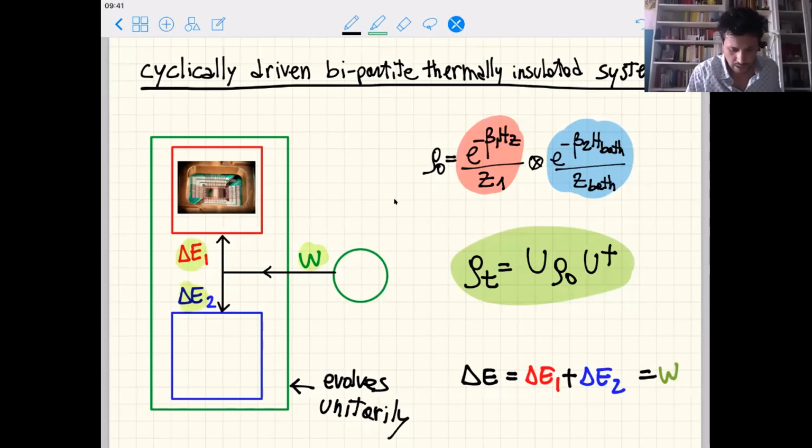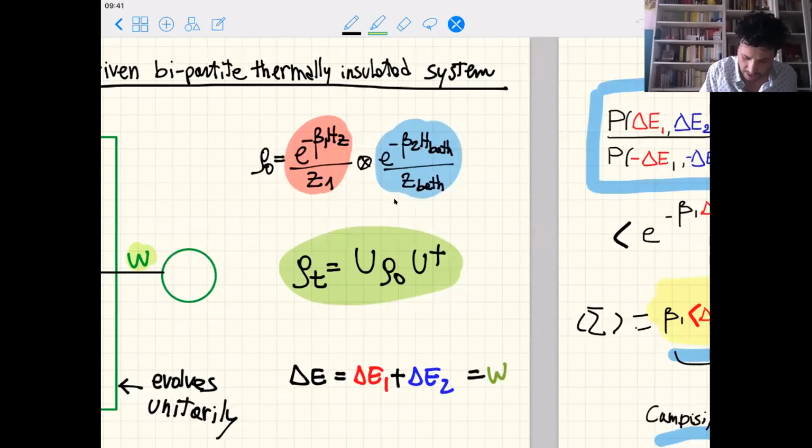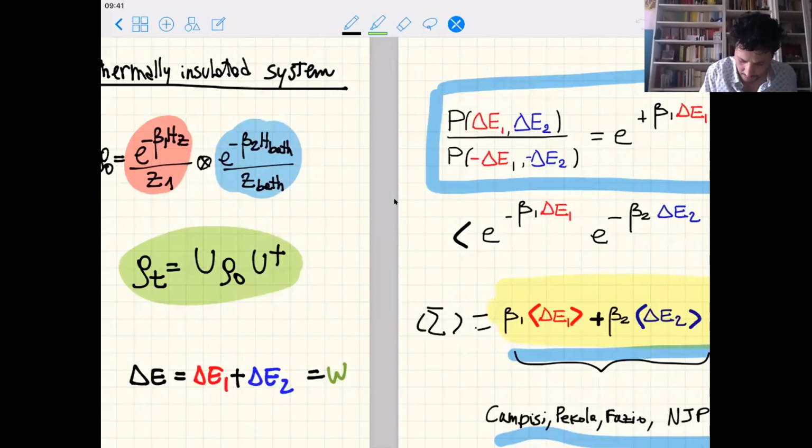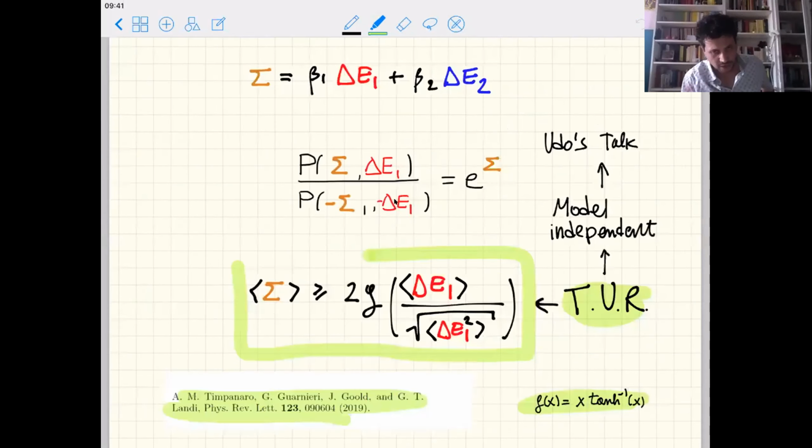Okay, you cannot, but at least the thermodynamic uncertainty relation here gives you some information on them. For example, just by measuring delta E1 and its average value and its variance, if I have the statistics of delta E1, I can get some information about sigma.